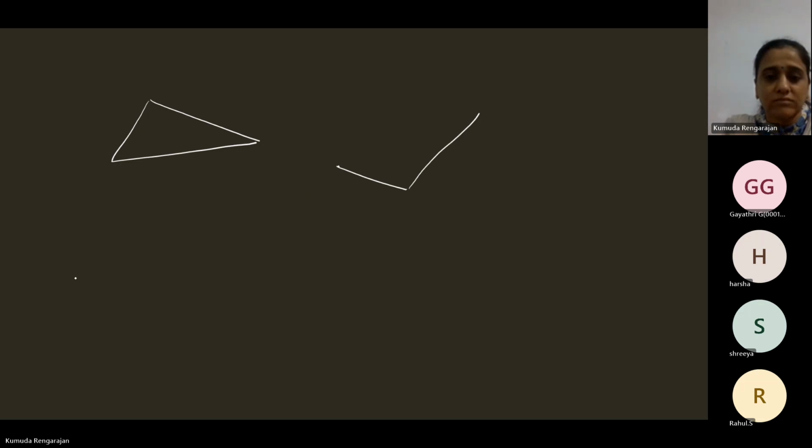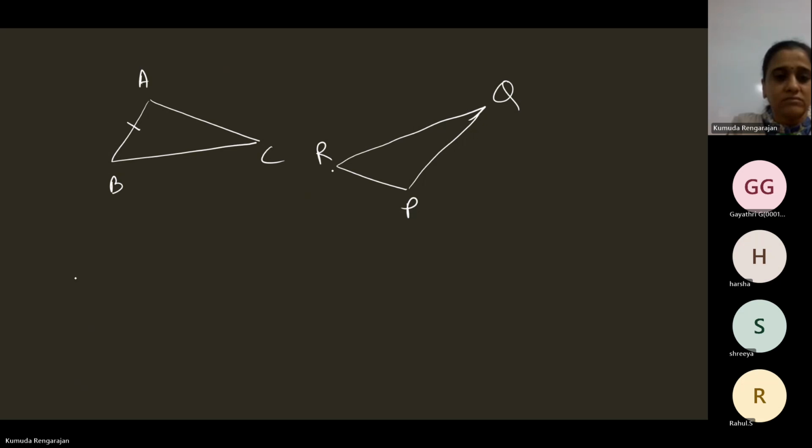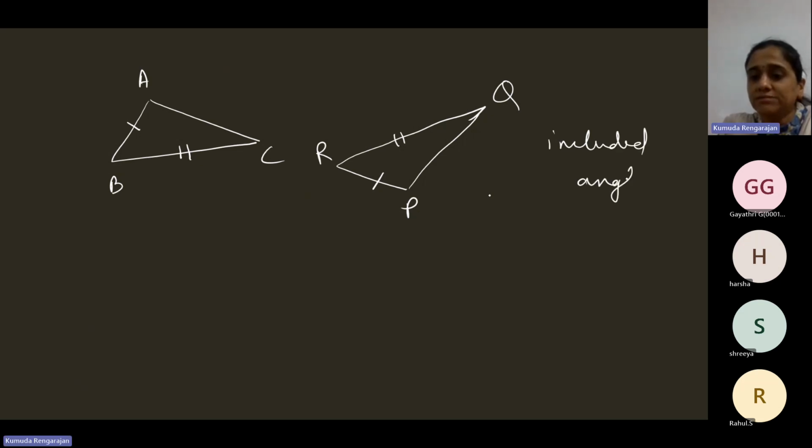Now let's understand what is meant by included angle and included side. Now we're trying to understand the included angle. What is meant by included angle?